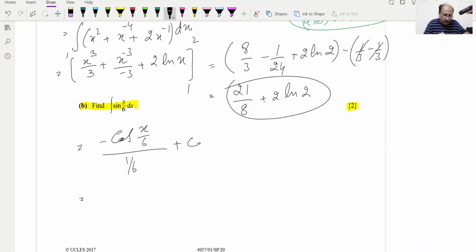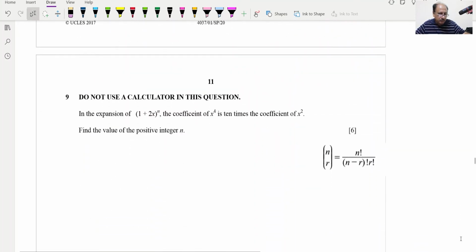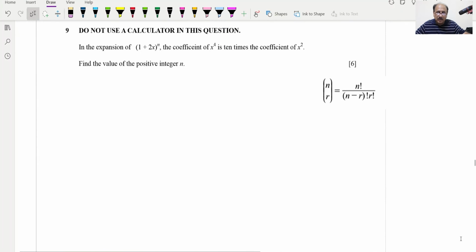So 1 over 6 we can shift up, so minus 6 cos x over 6, we can put brackets over here, and plus c. This will be the integral which we were supposed to find. Now question number 9.